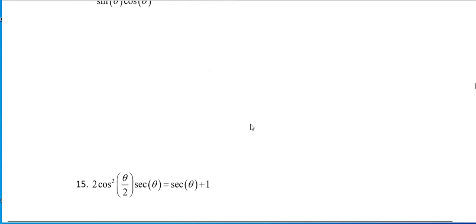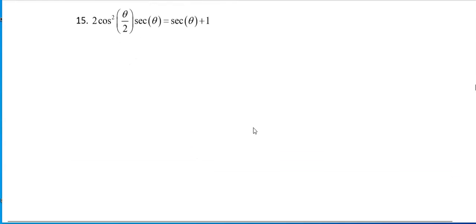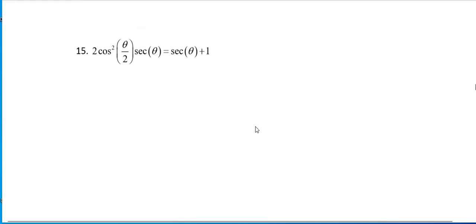Okay, now there's one proof, the very last one, on page 14. When you try this one, I'm going to suggest that you do not make the substitution that I told you about. Do not say let alpha equal theta over 2. You go ahead and just do this proof the way it is. Actually use the half angle formula there for cosine.